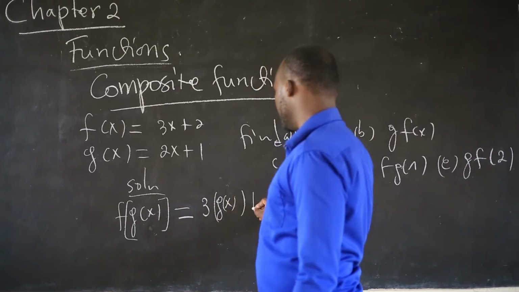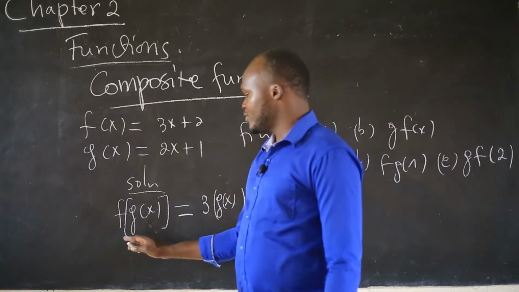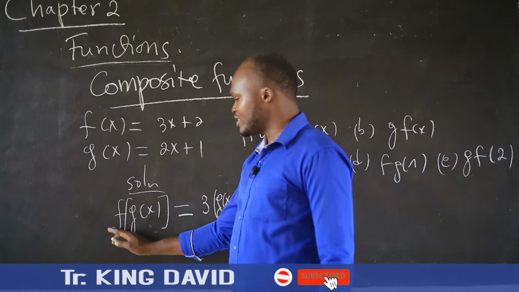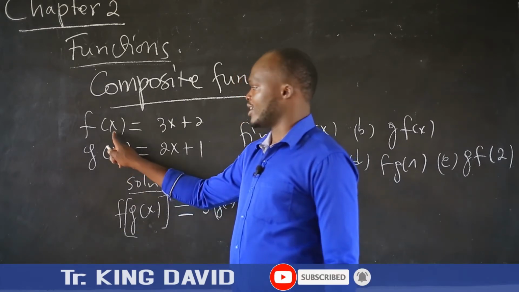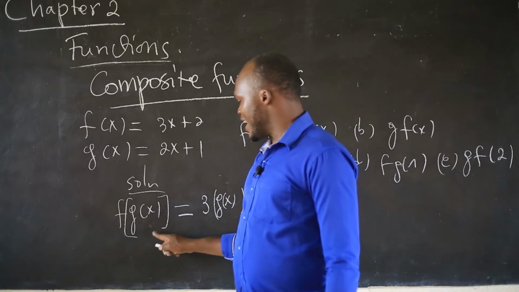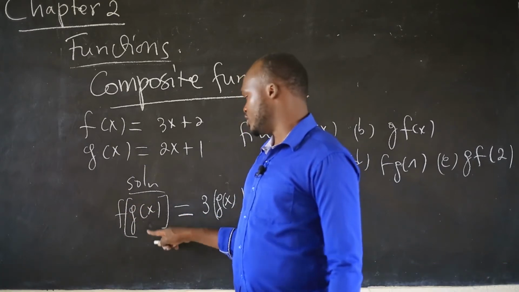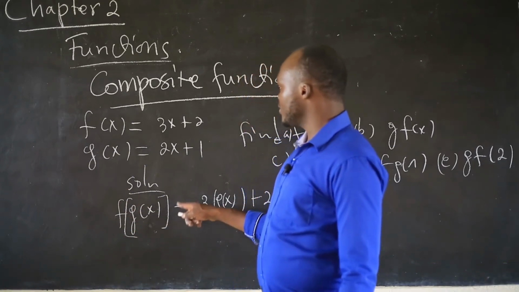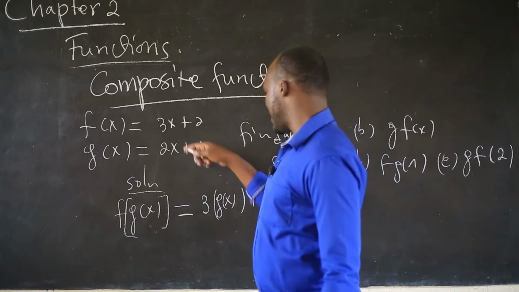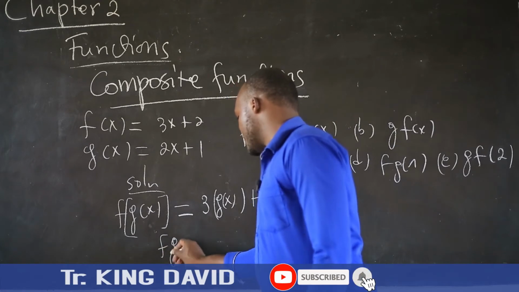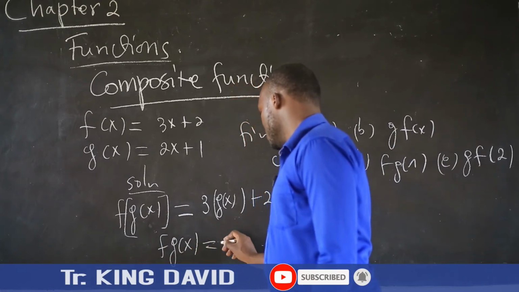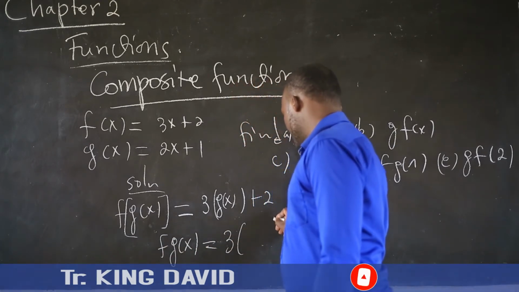Simple as that, plus 2. Because before it is fg of x, it was f of x. So where there was x, now I have g of x. Now, fg of x will be equal to 3 into bracket g of x.